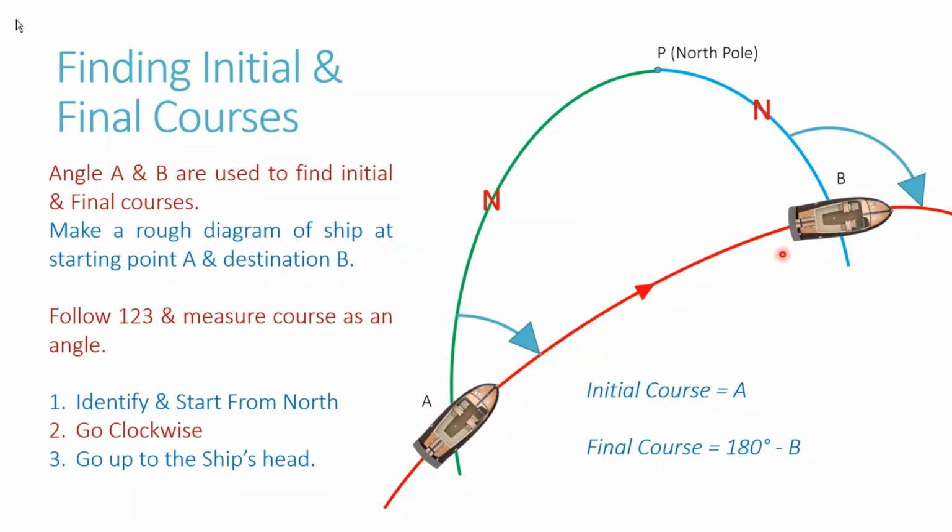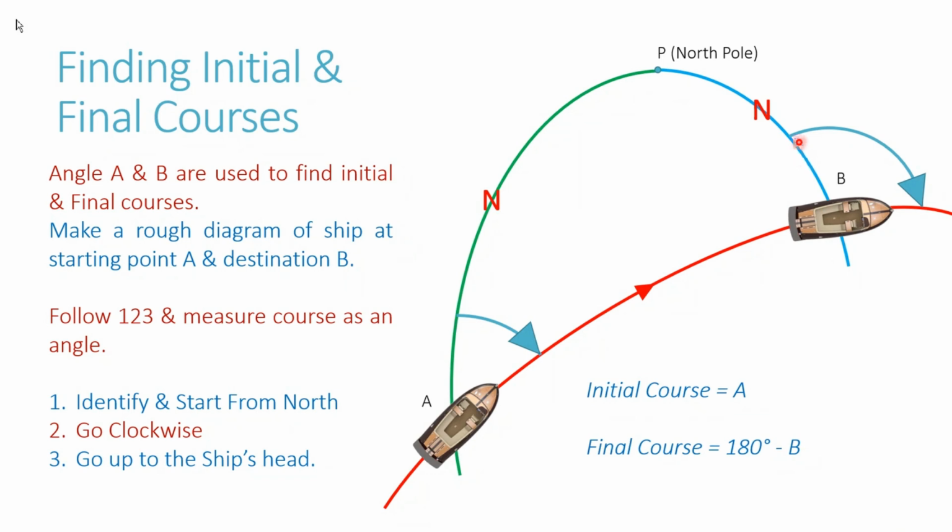Now let's go to the destination position. Now at destination position, this is not the case. The angle B, which we have obtained using the cosine formula, is the inner angle of the triangle PAB. Inner angle. But our course is not the inner angle of the triangle.